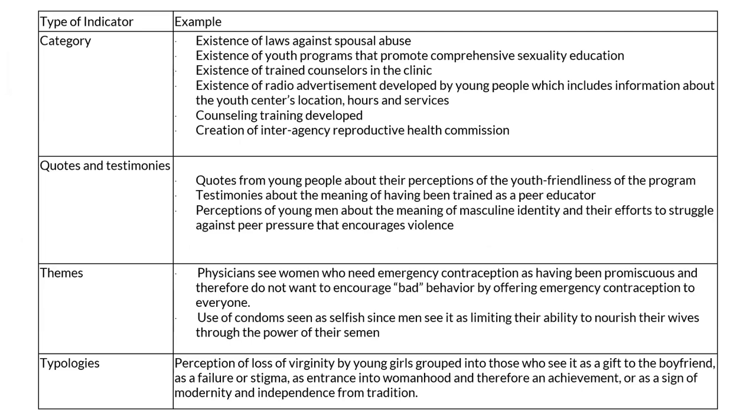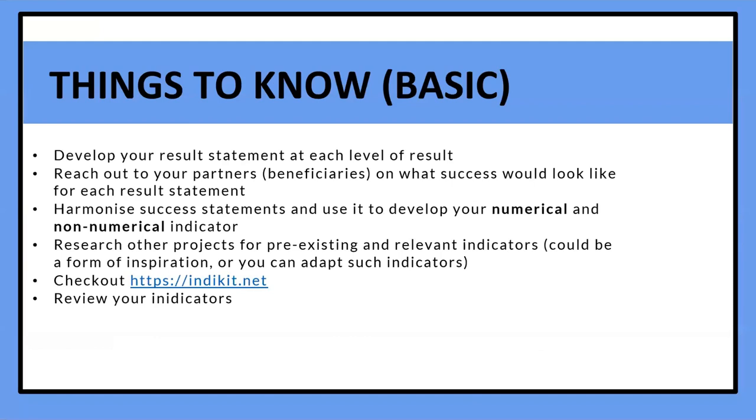I think that would make a whole lot of sense for your MEL plan, or your monitoring and evaluation plan. So research other projects for pre-existing and relevant indicators. Yes, there's a whole bunch of indicators already, especially for each type of thematic area you're working in.